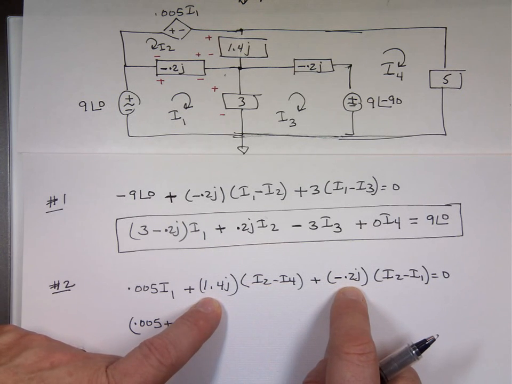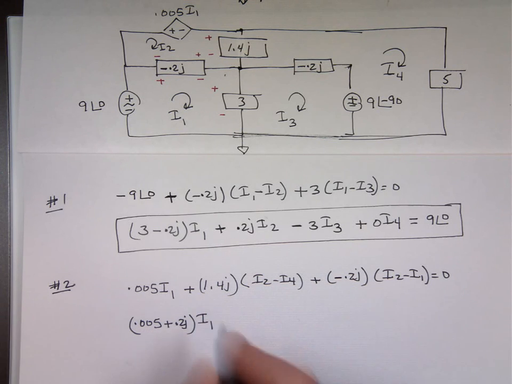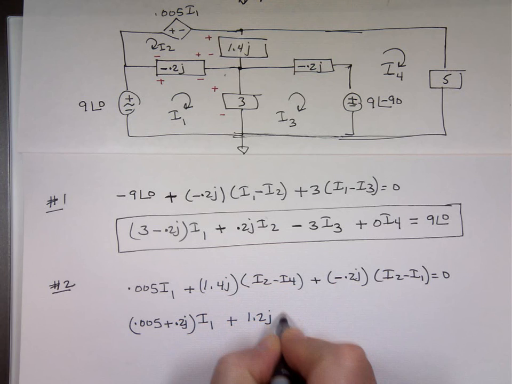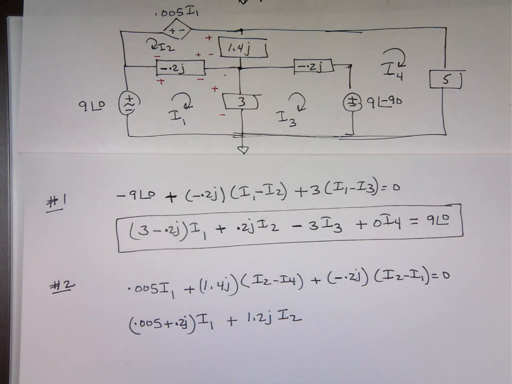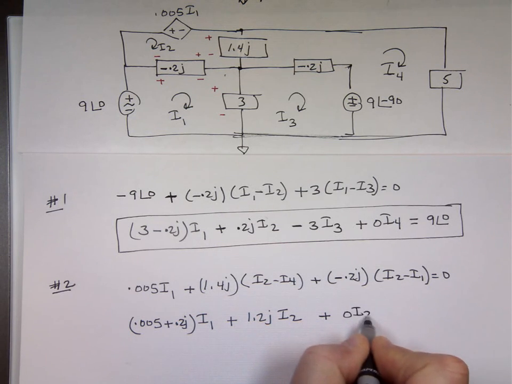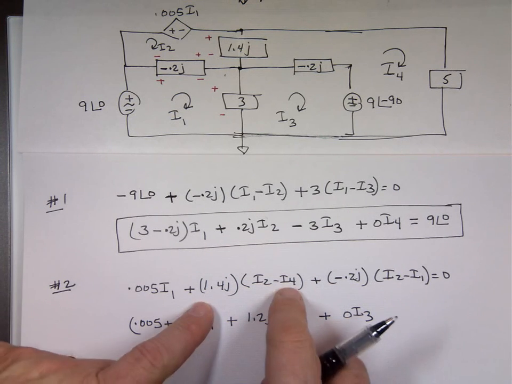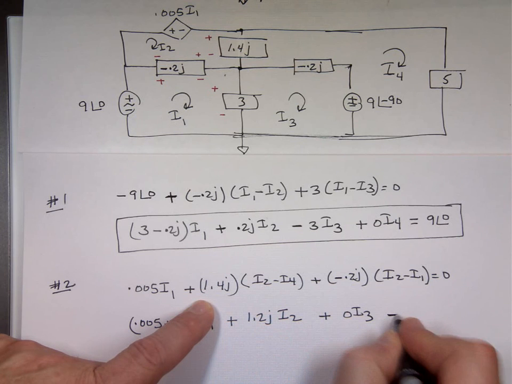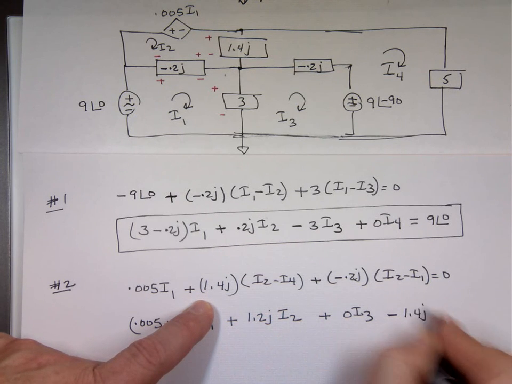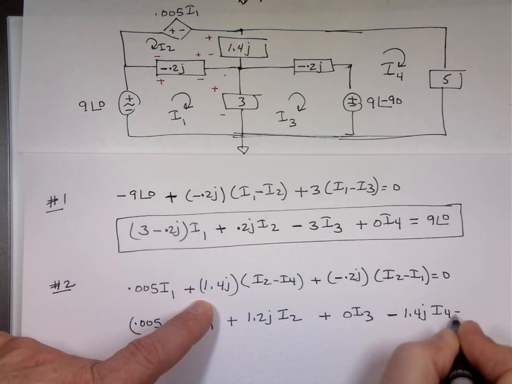Is that 1.2? Do you see any I sub 3 there? I don't see it. Do you see any I sub 4? I see 1. And that's the second equation.